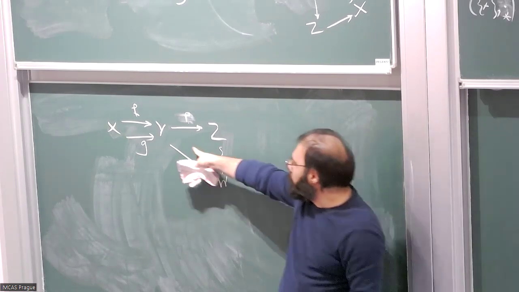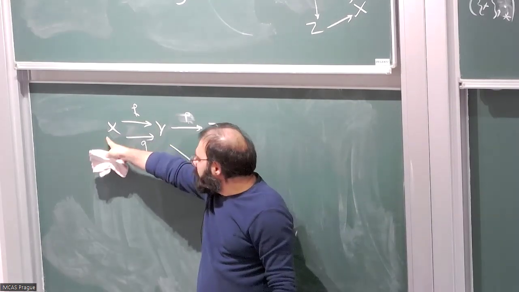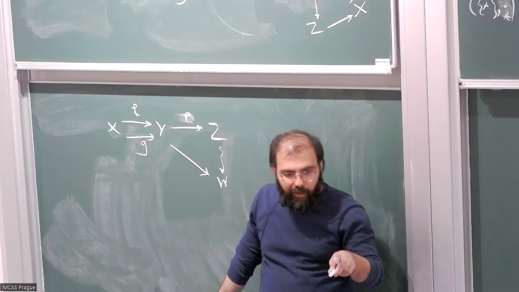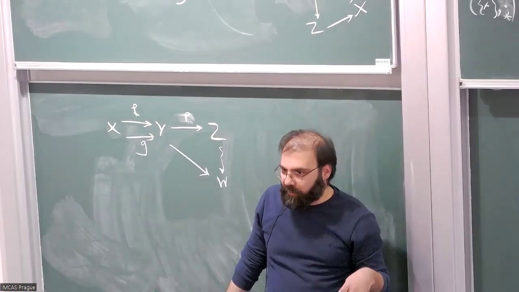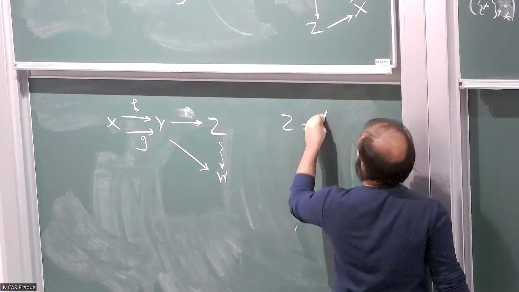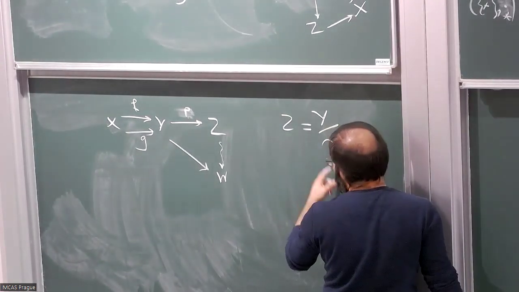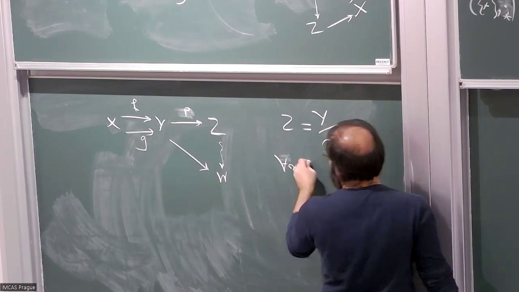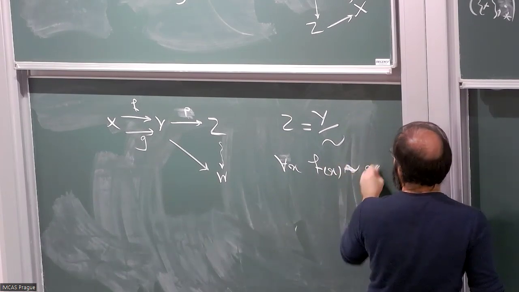It says that I'm working with Y, but I'm gluing any f of x to g of x, right? There's some quotient here, on some equivalence relation. And I'm claiming that Z is actually Y over this relation. And this relation is generated, not the same, it is just generated by this relation: for any x, f of x should be equal to g of x.